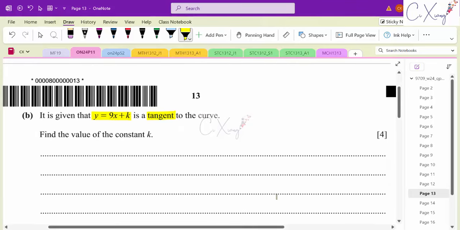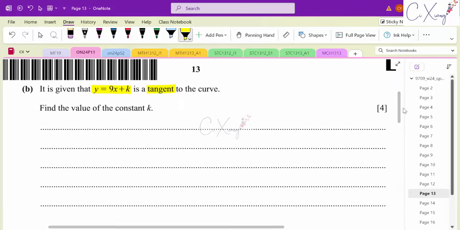Alright, so when they're talking about the tangent of the curve, I think we did discuss just now. Tangent, generally we try to link it with dy dx of the y equation. You know that the gradient of the tangent is equal to dy dx.